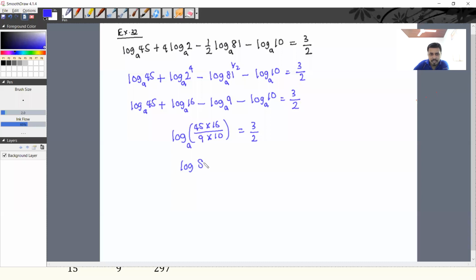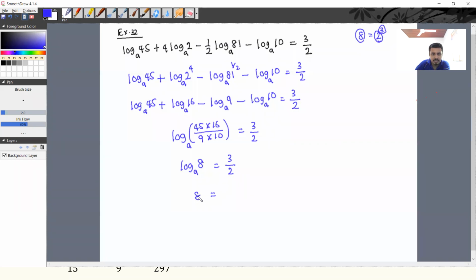Log of 8 to the base a should be equal to 3 over 2. Now let's write this in the form we know. 8 equals 2 to the power 3. 8 is the number, 2 is the base, 3 is the power.